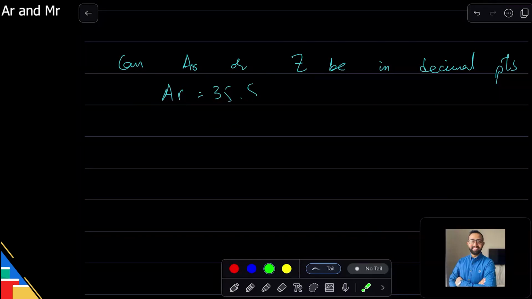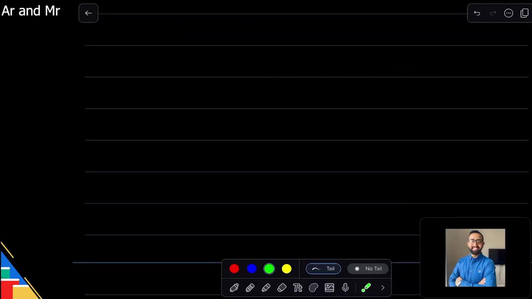Okay, so now we know the mass, and we can easily calculate MR using the AR. Now let's say I have a question that there is some MR of 70 for something.